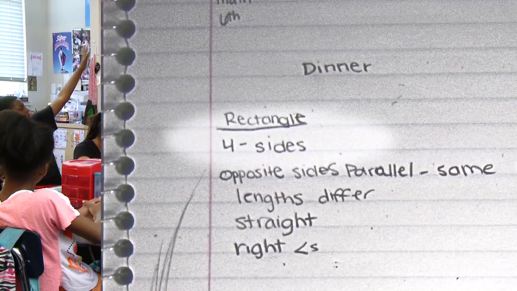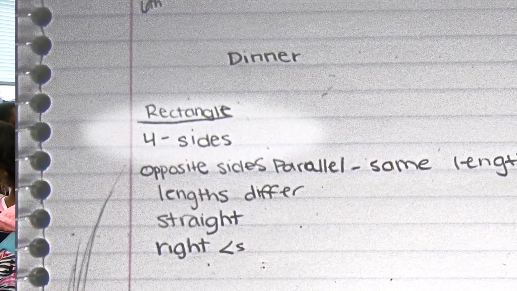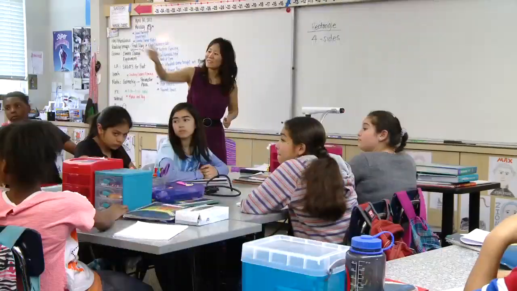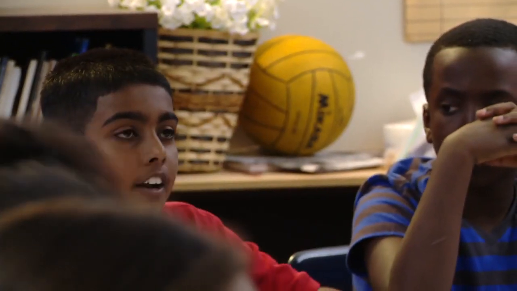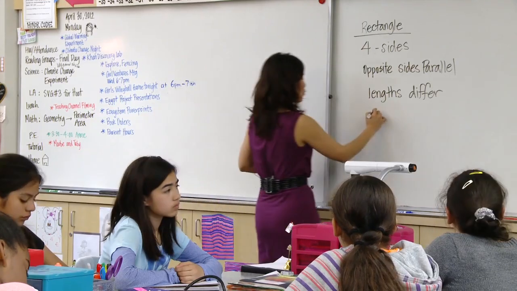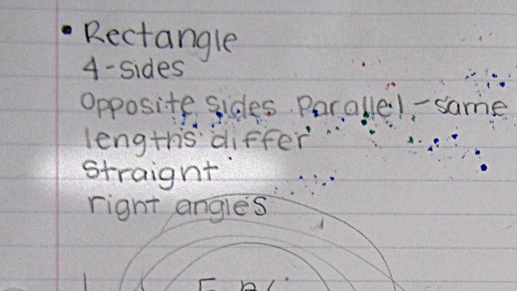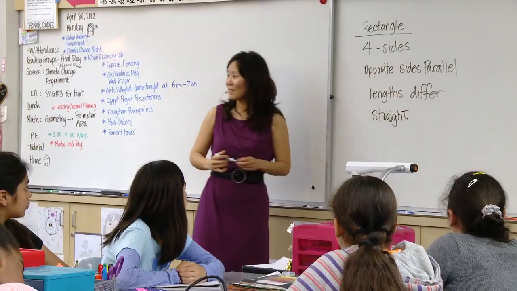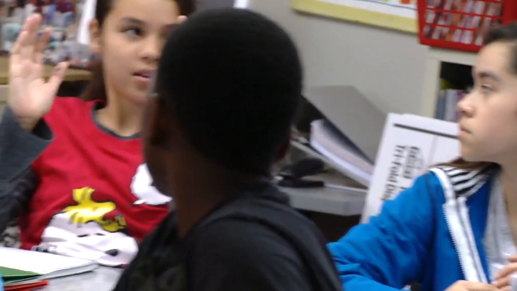What else do we know about rectangles that's going to help us brainstorm? All sides are straight. There's none that are curved. Okay, so we have straight. The lines are straight. Vanessa? The lines that are parallel from each other are the same length. Okay, so the opposite sides are parallel and they're the same, what everyone? Length. Same length.